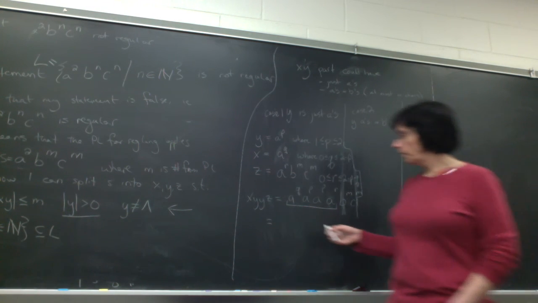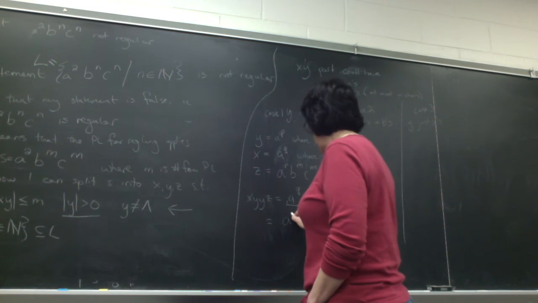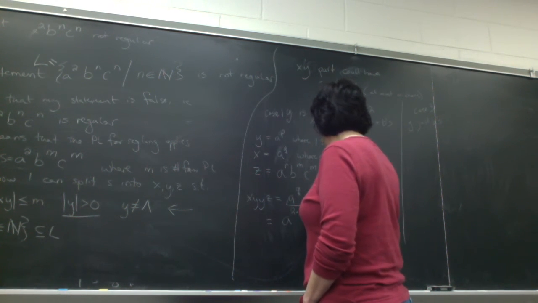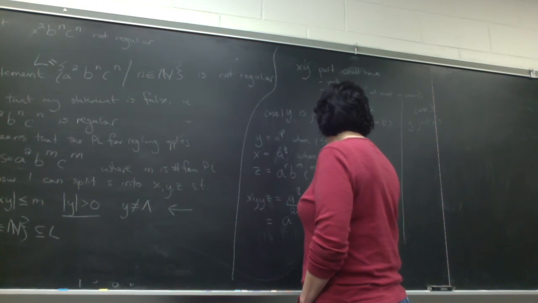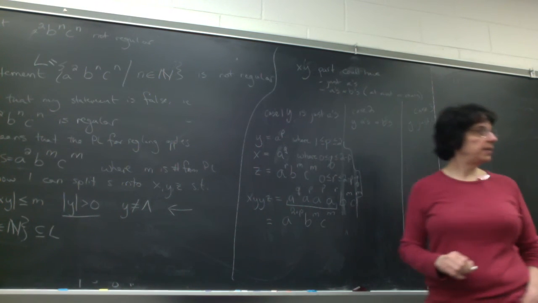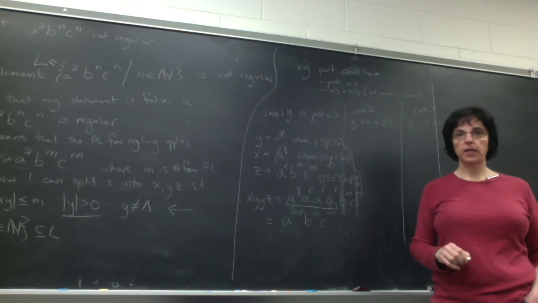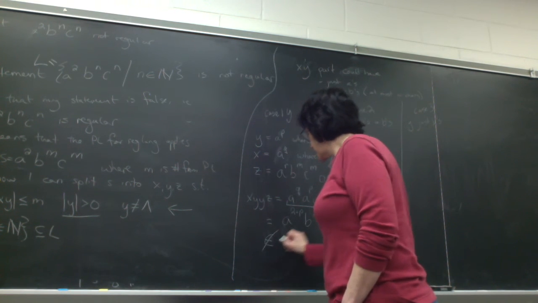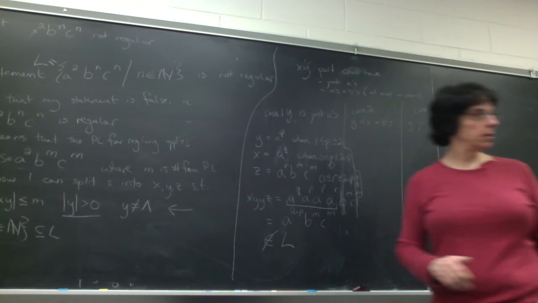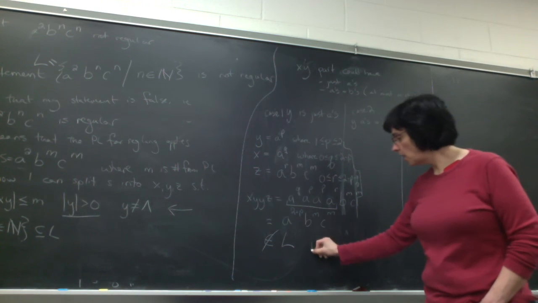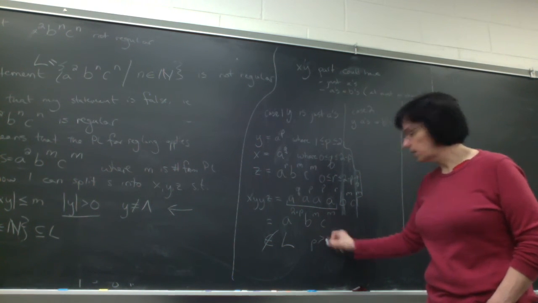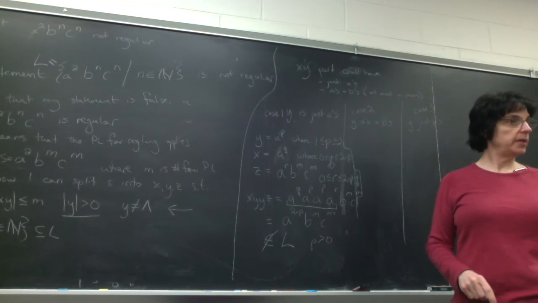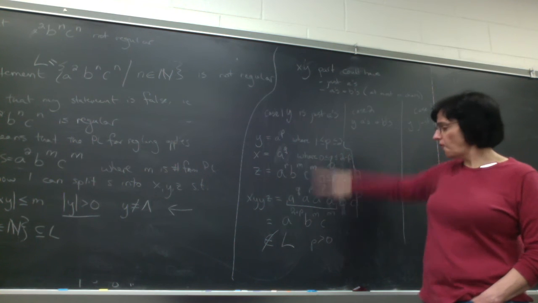So that's the same as a to the 2 plus p, b to the m, c to the m, right? But that's not in my language, because I know that p is greater than 0, because y can't be empty. You guys with me? So far it's not in my language.